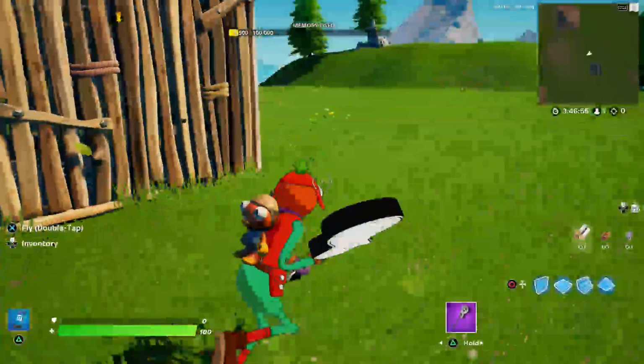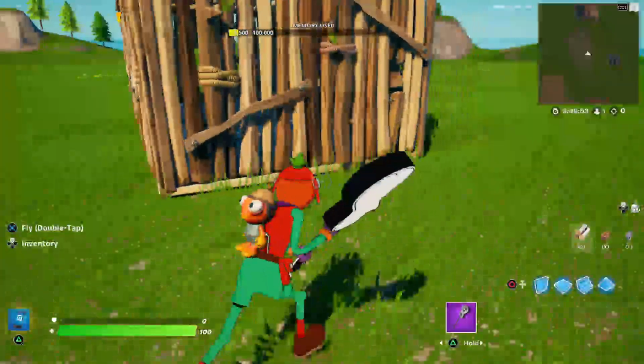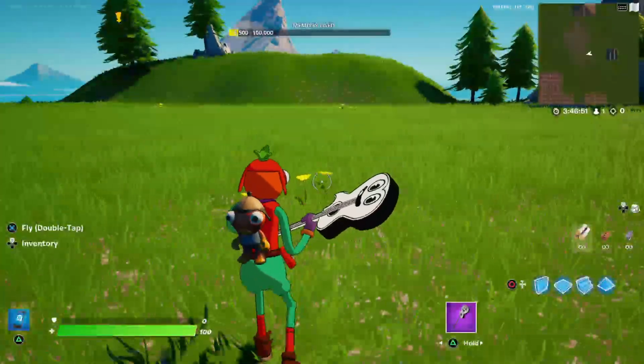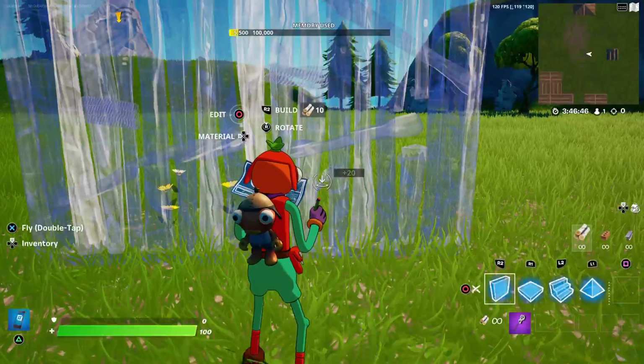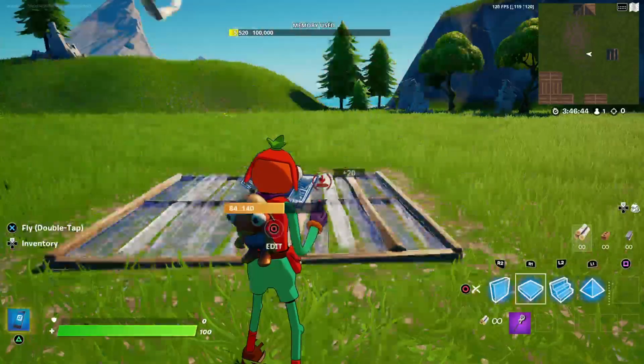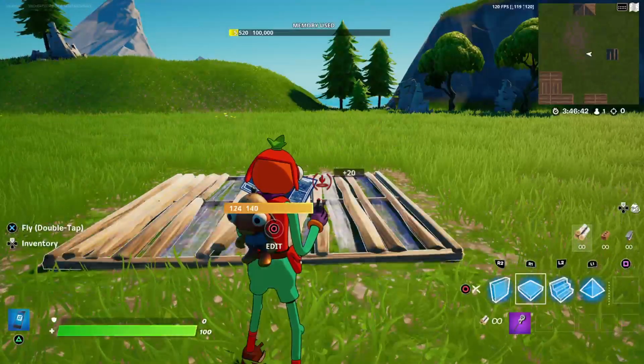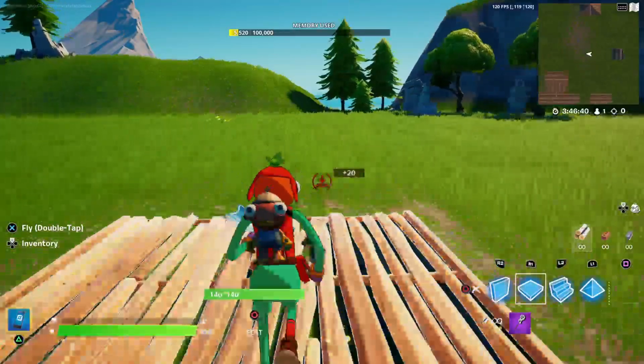If we come over here, this is going to be our first side, or our back side.